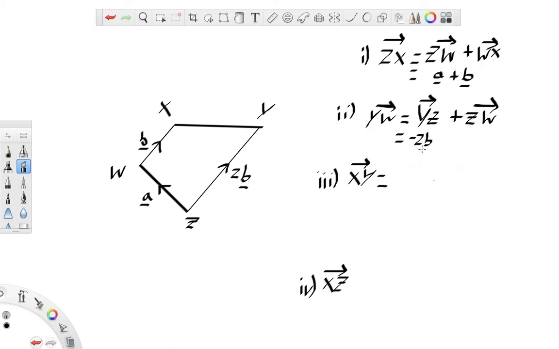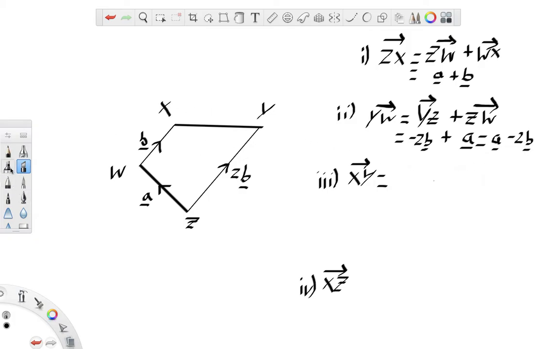Why is it minus 2B? Well, we know that Z to Y was 2B, so if we go in the opposite direction, in reverse, that would be minus 2B. And then Z to W is A. So Y to W is minus 2B plus the vector A, which would be better written as A minus 2B with the positive vector first.